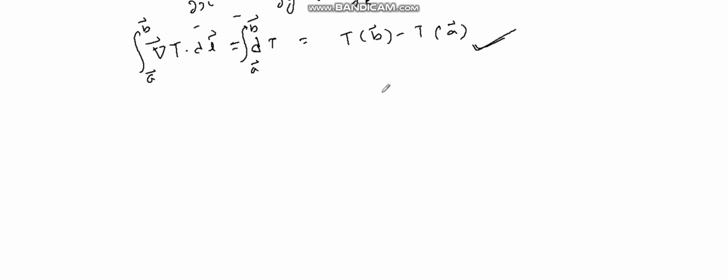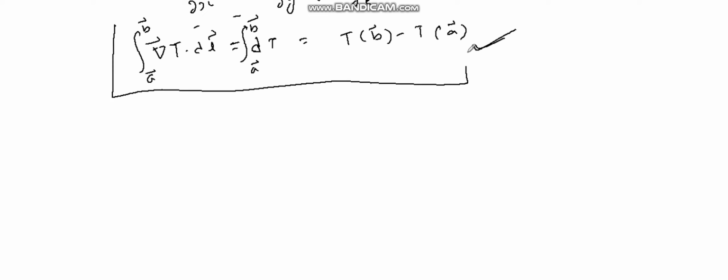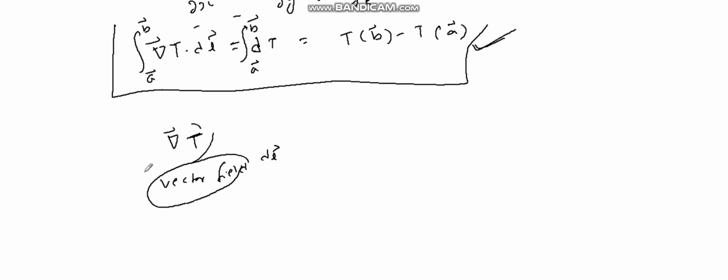When we look at this equation, we can see that the gradient of this scalar field t will give a vector field, right? Taking the integral of that vector field, this integration is actually the line integration of the vector field. Let me write it.